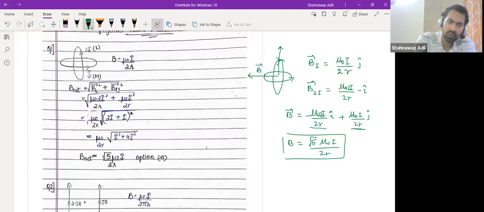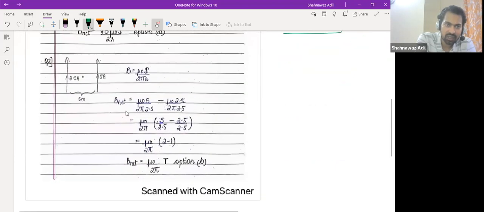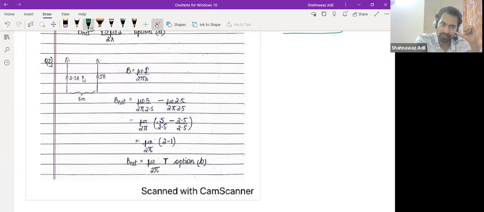Yes. Okay, similarly in this question, we have two parallel lines. For this case, we have to find the magnetic field at the middle point.